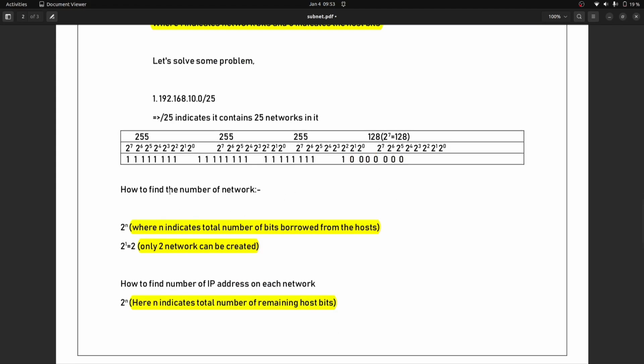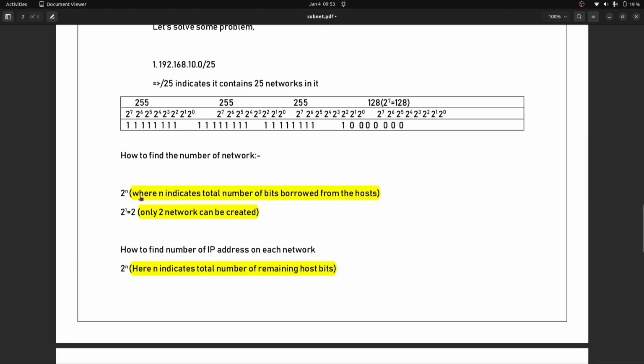So let's find the number of networks we can create. The formula for that is 2 to the power of n, and in the place of n we write the total number of network bits borrowed from the host. We have borrowed only 1 network bit from the host, so 2 to the power of 1 is equal to 2.